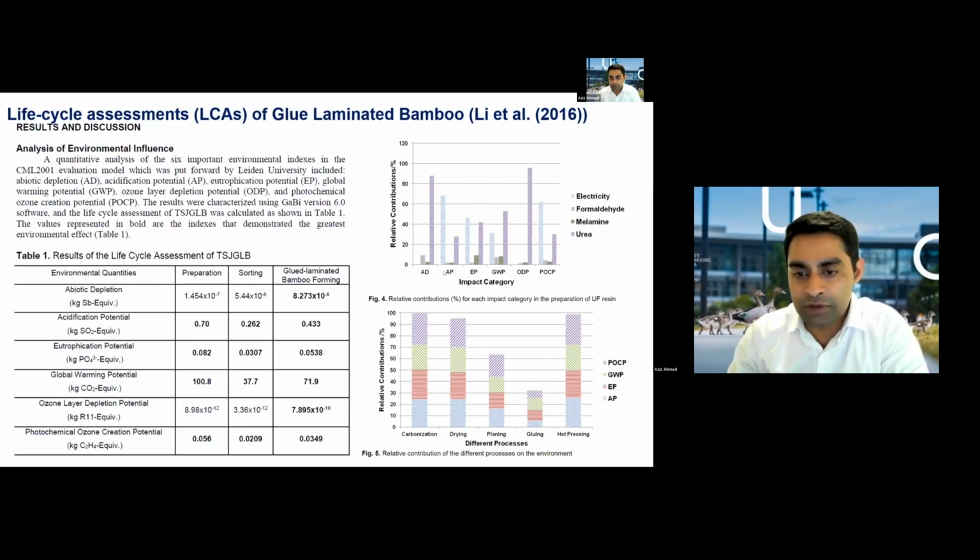These are acidification, so I just put them side by side so they're easy to see. AD is abiotic depletion, acidification potential, eutrophication potential, all these potentials, global warming potential. And the impact of different components is highlighted here.